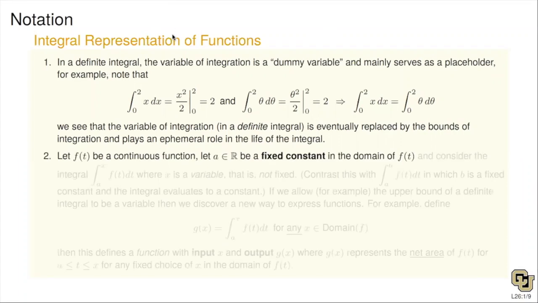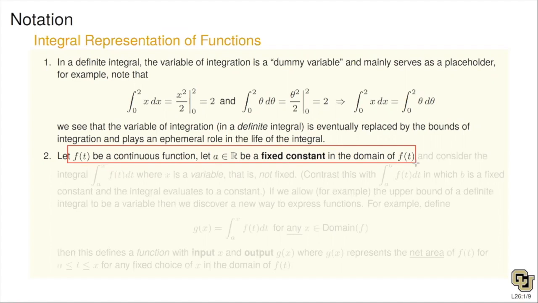Okay, so here's the setup now for this new way of expressing functions. We're starting out with some function f of t. T, that's not a typo. That's the letter t. It doesn't matter. It's just the input variable. So f of t is some continuous function, and pick some fixed constant a in the domain of that function.